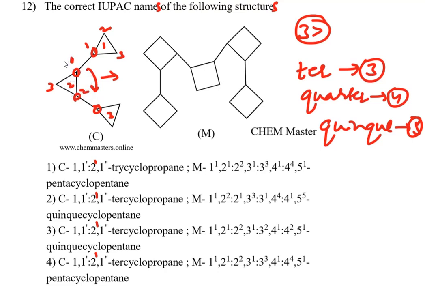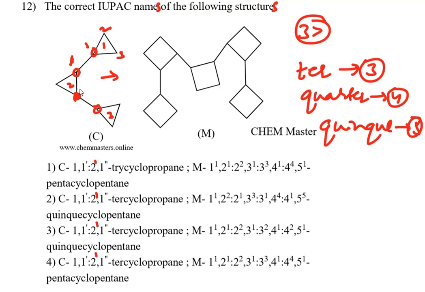For example, if we give numbering from here, 1, 2, and 3, the other junction carbon gets number 3, or locant 3. So the lowest locant should be given for the second junction on that identical cyclopropane ring. Okay, so those are the basic rules of IUPAC. Yeah, and after giving that, just wait for it, we will make it clear.